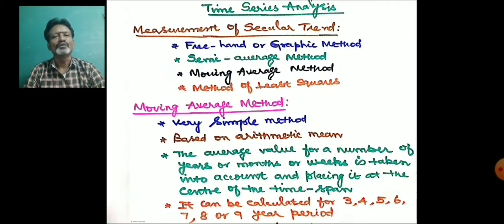At that time, you can classify the 10-year data into two 5-year parts, take the total of the first 5 years, and divide it by 5. You will get an average. Then take the total of the next 5 years and divide it by 5. You will get another average. Now these 2 average points will be plotted on the graph sheet.